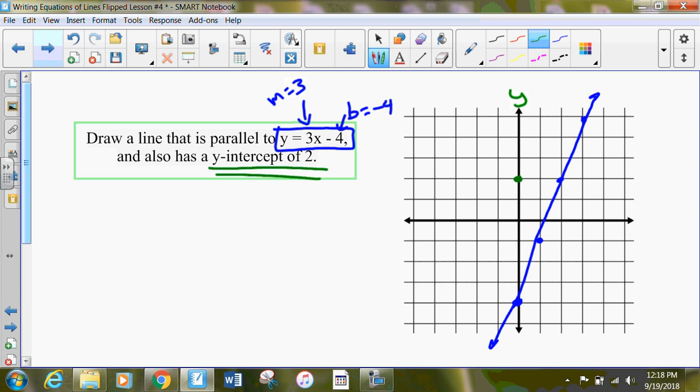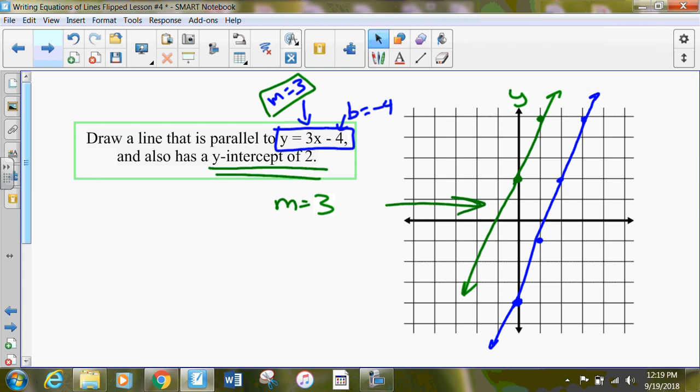So if I want to draw a new line in green that's parallel to the old line in blue, I'm going to use the same slope, the slope equal to 3. From this point, I'm going to go up 3, over 1, and there we have it. So the line that's parallel to y equals 3x minus 4 and also has a y-intercept of 2 is this line right here.